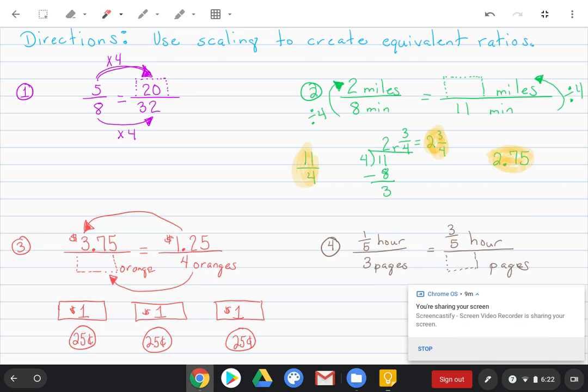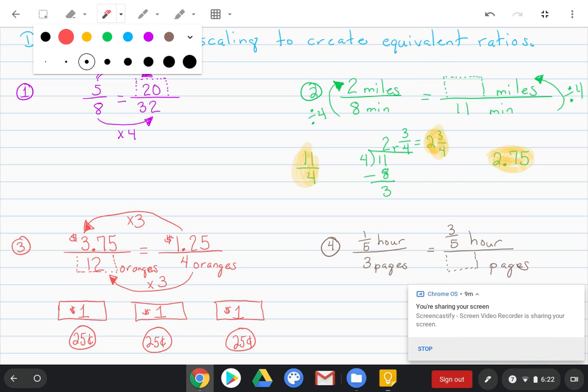It takes 3 groups. That is why 1.25 multiplied by 3 gives me 3.75. So that same thing of multiplying by 3 on the top is what I'm going to do on the bottom. So 4 times 3 is 12. So to answer our question, I can get 12 oranges if I have $3.75.